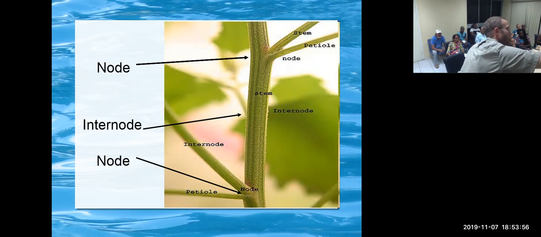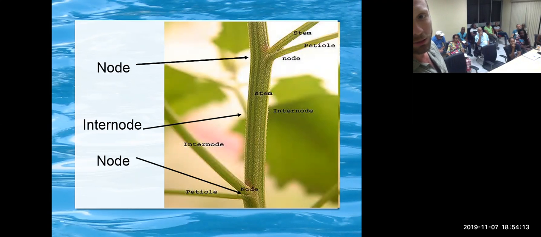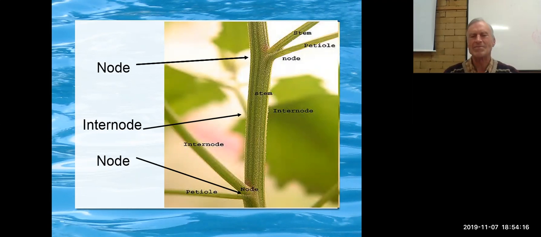So there's a node here, and then think of a tomato where it's got suckers, right? So think of this as another growing stem. So this is a copy of this area. This is a node, it's growing. The petiole is smaller, and an internode could be thicker. Now, you can't see it in this picture, but the petiole will have a leaf on the end of it, and the stem will have petioles with leaves coming off of it.